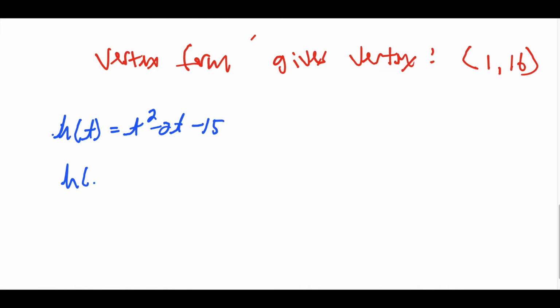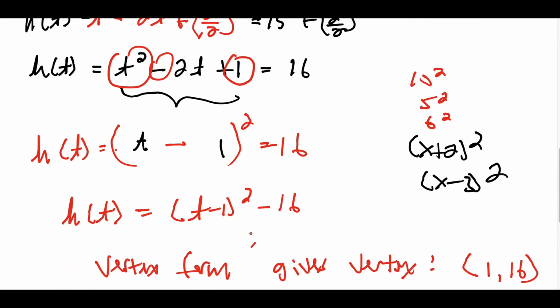So h of t equals, and we move this part off to the side. Then we cut this in half, square it, and it gives us 1. We move it to the other side, then we bring it back over here, so it's minus 1. Do you understand that? Because that's what's going to happen anyway.